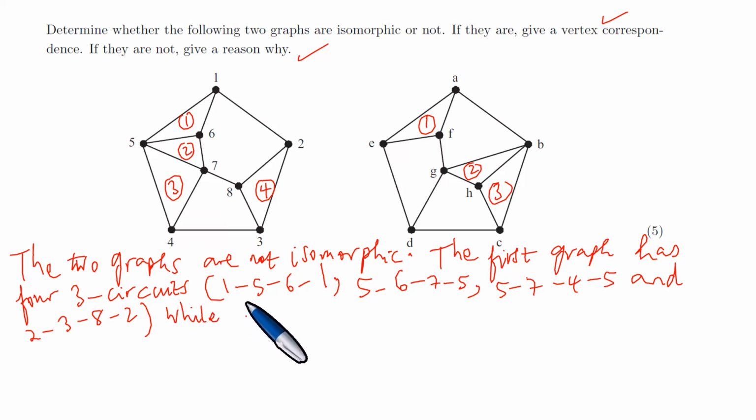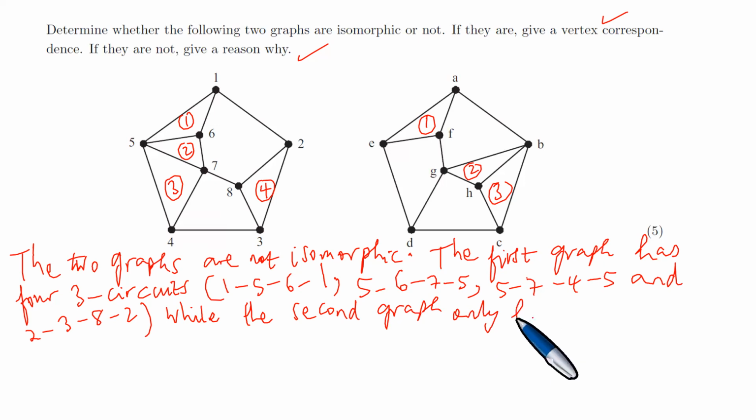While the second graph only has three 3-cycles. You see, 1, 2, 3.